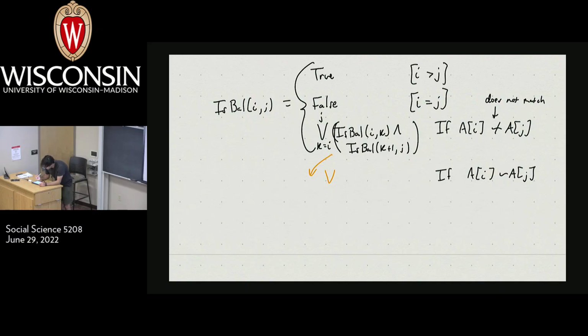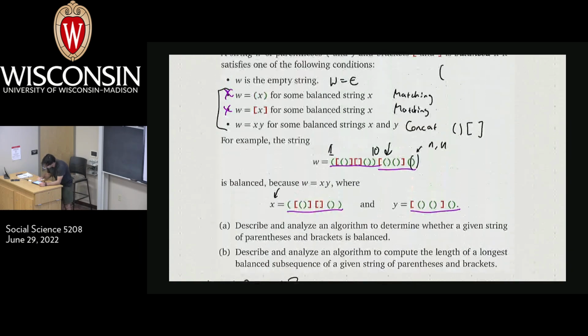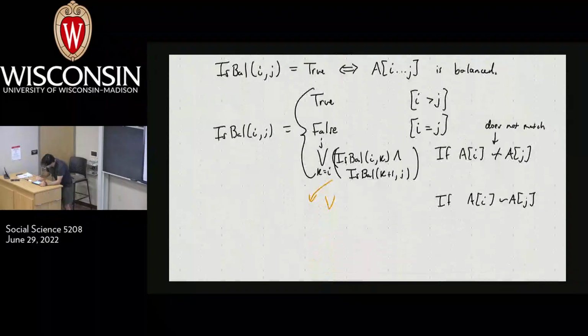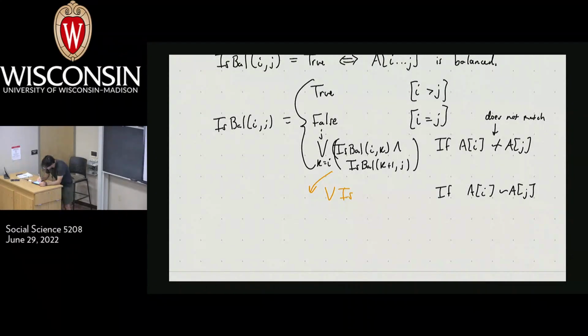So the other option is we essentially pick off the left and the right part and then recurse on the middle part. So in this case, we want to check is balanced i plus 1, j minus 1, because we're ignoring these two. And we're just recursing on the middle string x.